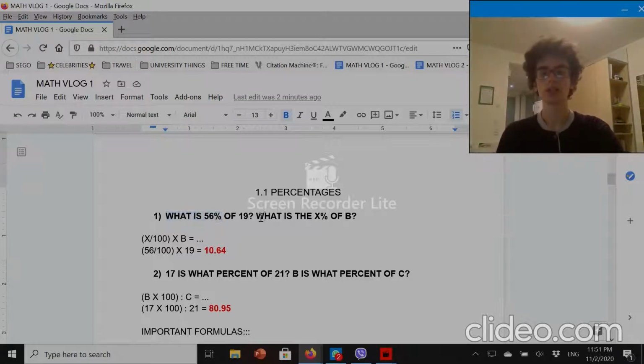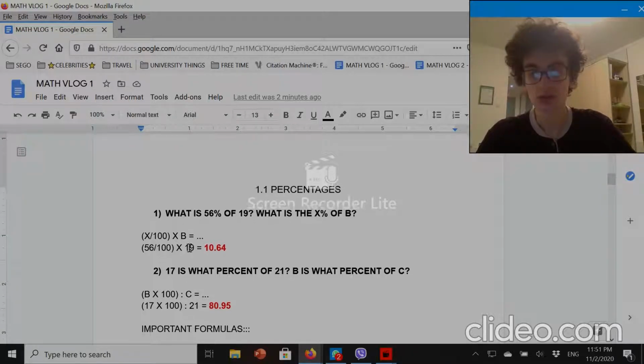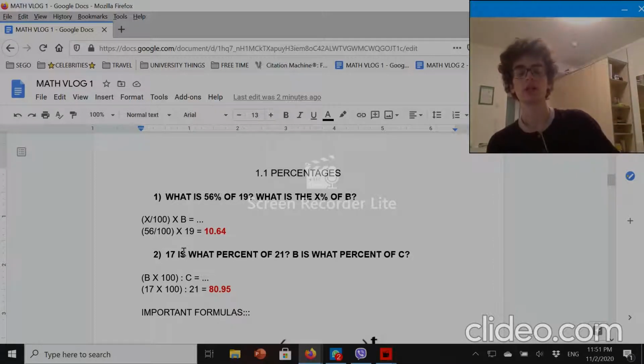When we have a question like what is x percent of the number b, we would write x divided by 100 times b, and that would give us the answer. So 56 over 100 times 19 gives us 10.64, which means that 56% of the number 19 is 10.64.